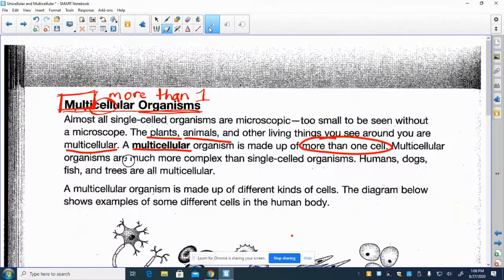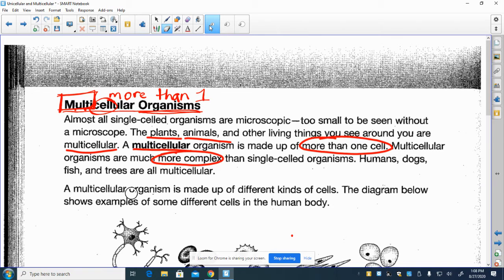Multicellular organisms are much more complex than single-celled organisms. Okay, we've got another difference between unicellular and multicellular. Multicellular is more complex. Complex or intricate. Whenever I see the word complex, it makes me think of a Rubik's Cube. Humans, dogs, fish, and trees are all multicellular.